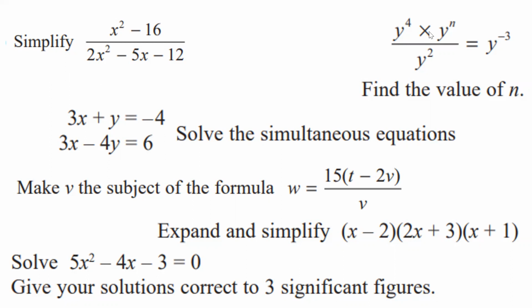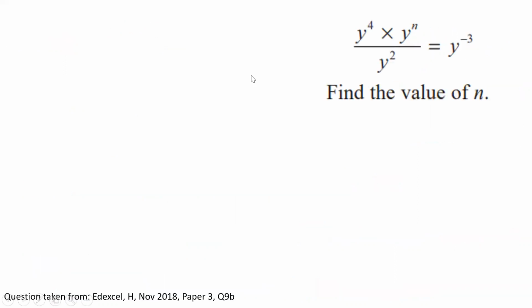So let's start by looking at this question here and finding the value of n in this question with indices. So what do we know? I always like to start, if I'm tutoring or teaching in any way, by asking the student what they know, what they can tell me about the question. As we can see, we've got various indices.